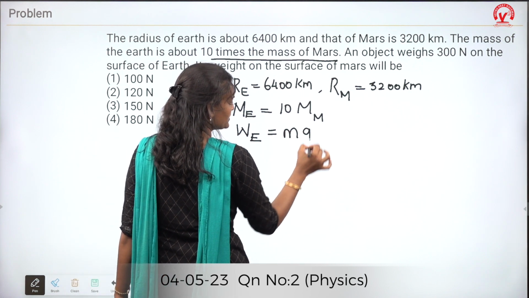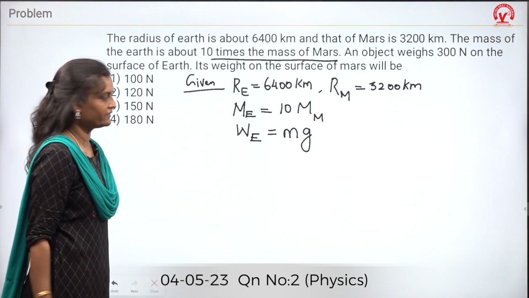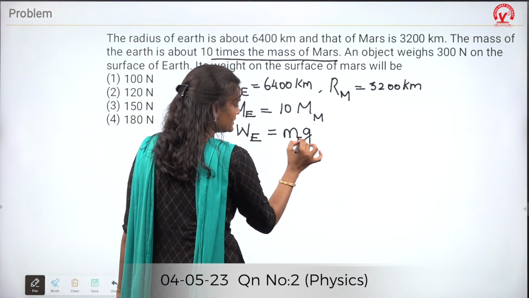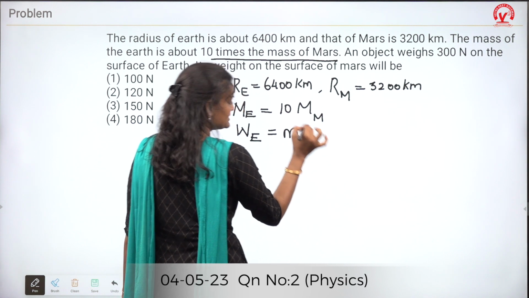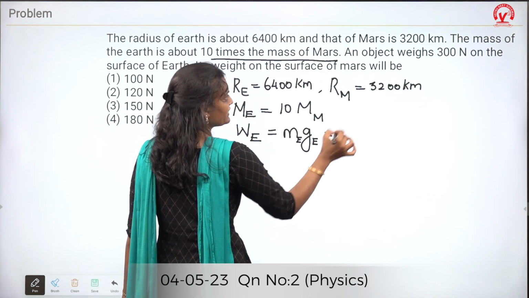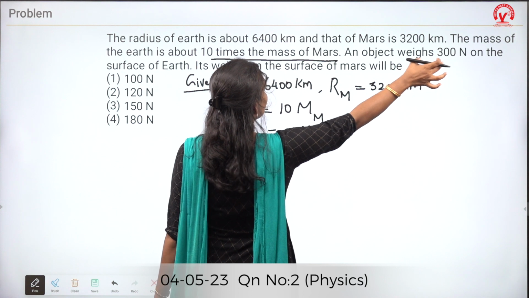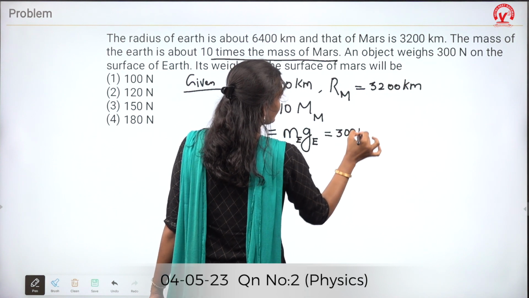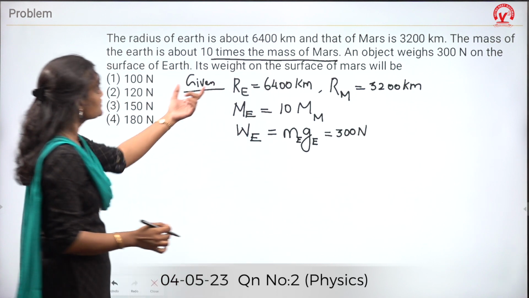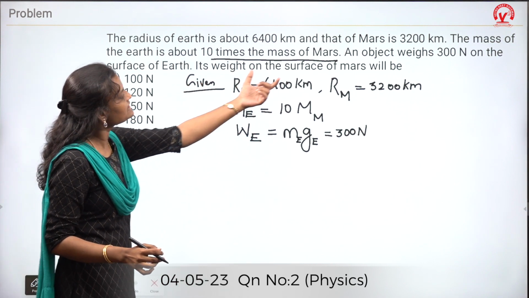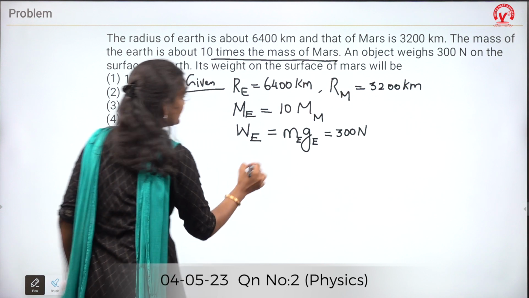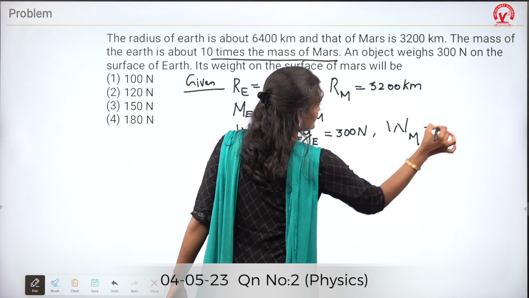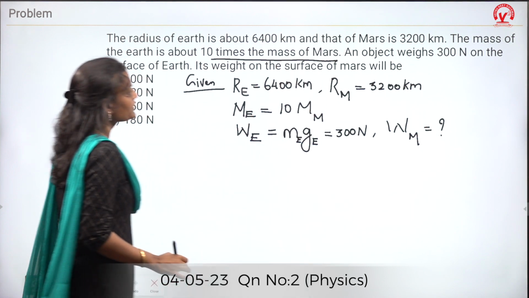So this is the weight on earth, so I am going to represent it as ME and GE, which is equal to 300 Newton, the weight on the earth's surface. Our aim is to find its weight on the surface of Mars. So we need to find what is the weight on the surface of Mars.